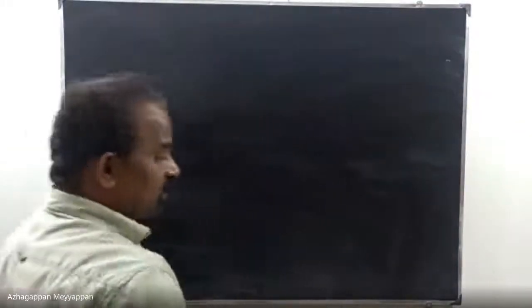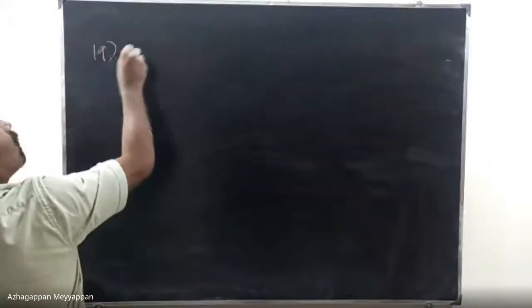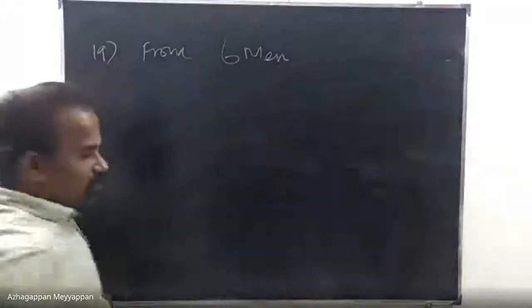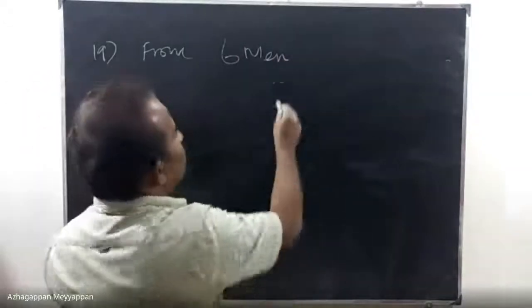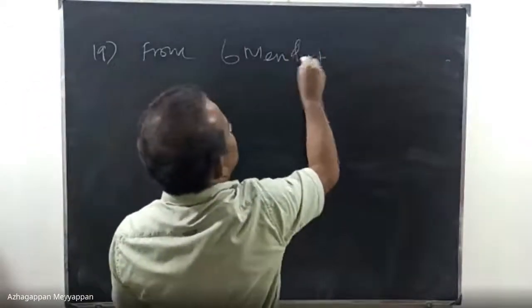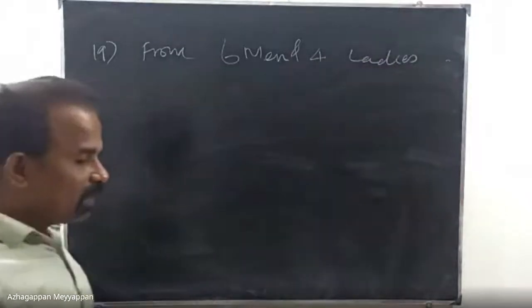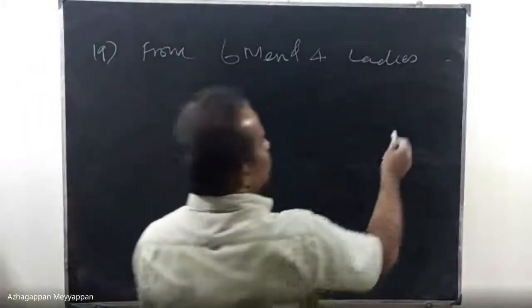The next question is, from 6 men and 4 ladies a committee of 5 is to be formed.